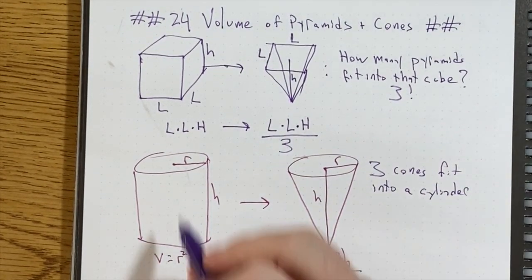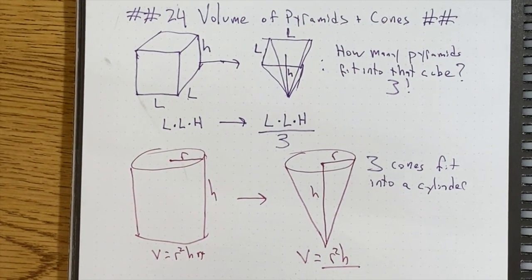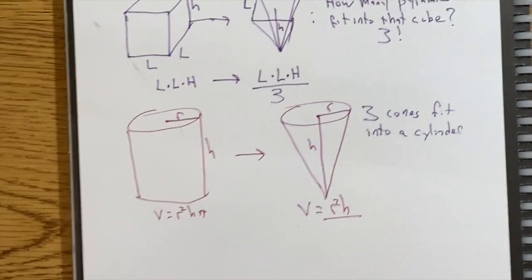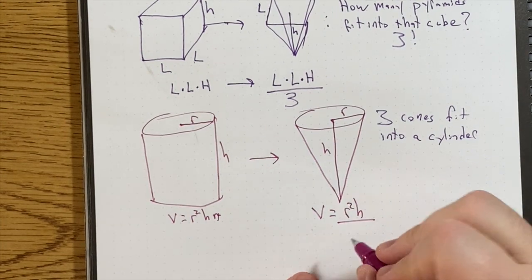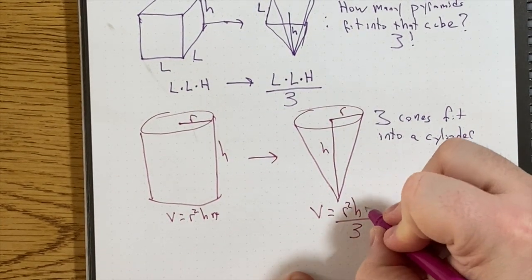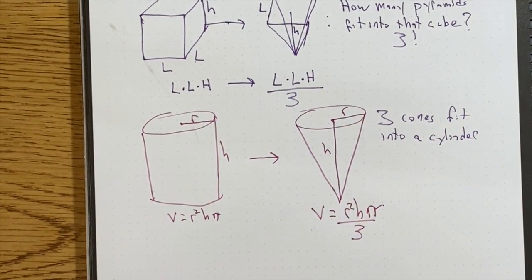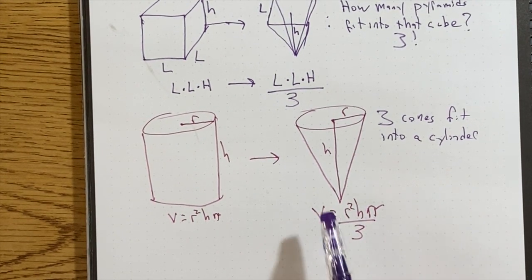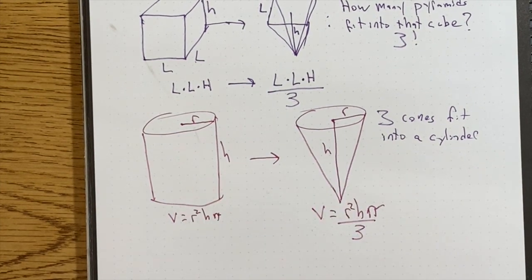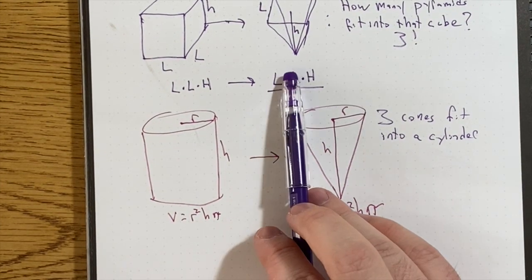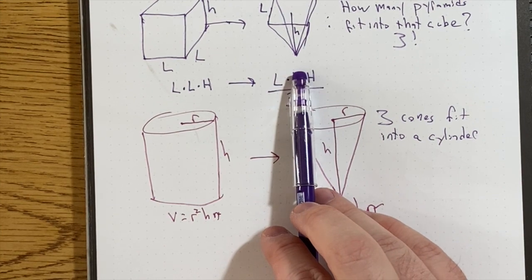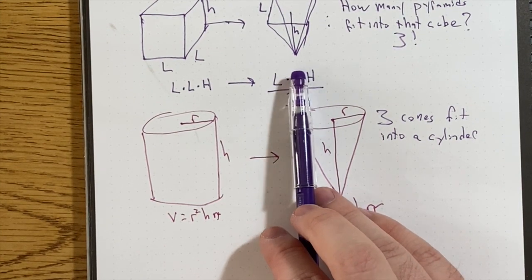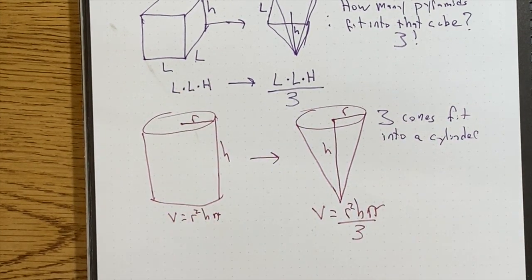So really, we're just pretending it's a cylinder, using the cylinder formula, and all we've got to do is divide by 3. I forgot the pi there. So R squared H pi divided by 3, because 3 of these fit into here. Same thing with the pyramid. 3 pyramids fit into a cube of the same base and height, so you just divide it by 3.